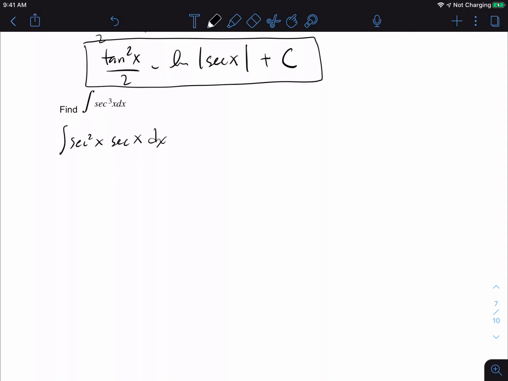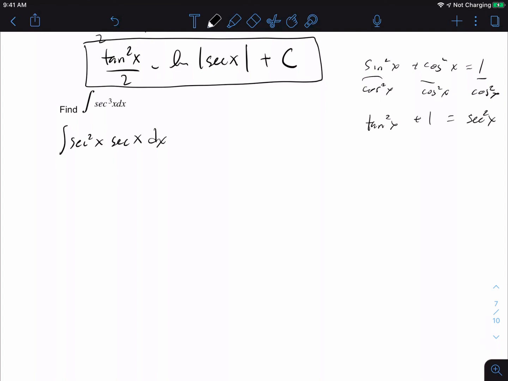I never memorize them. I always do this. Sine squared plus cosine squared x equals 1, and then I'm like, what do I want? Oh, I want tangent, so okay, divide by cosine squared. And then I'm like, oh, okay, so that's tangent, that's 1, that is secant.